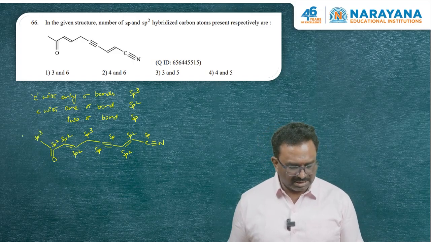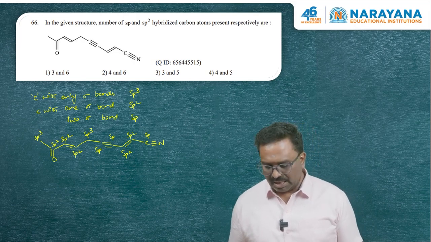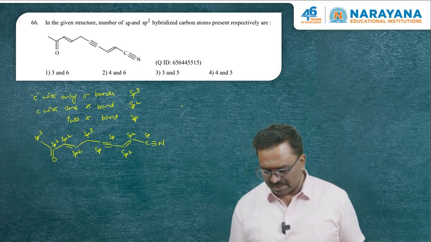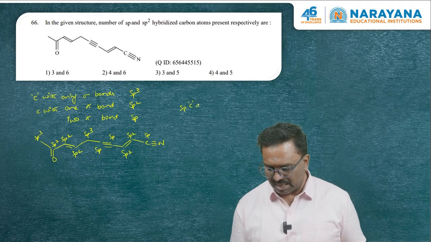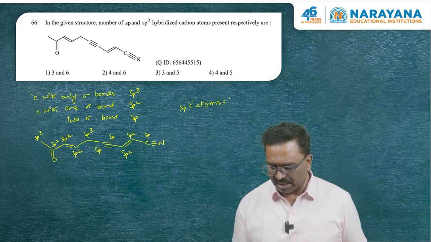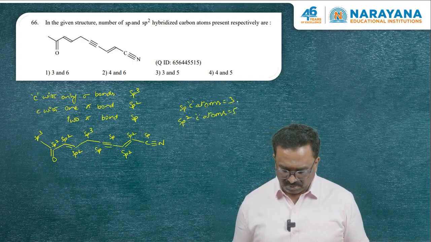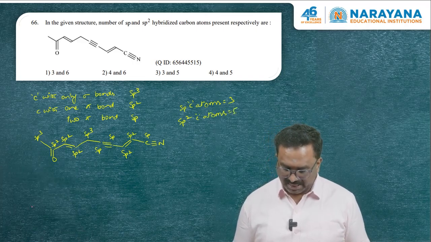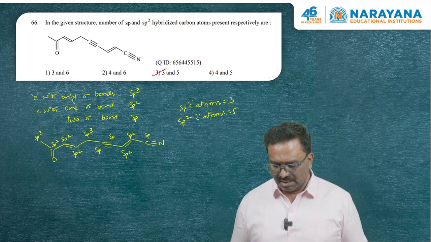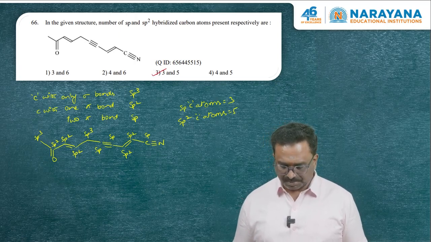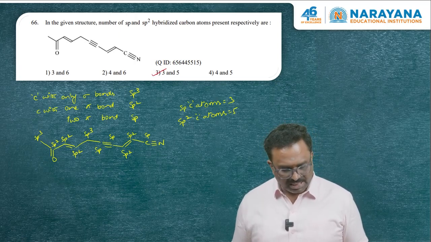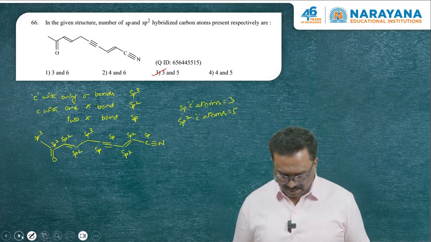So the number of sp carbon atoms is 3, whereas sp2 carbon atoms are 5. The more accurate answer for the given is the third option. Let us see the next one.